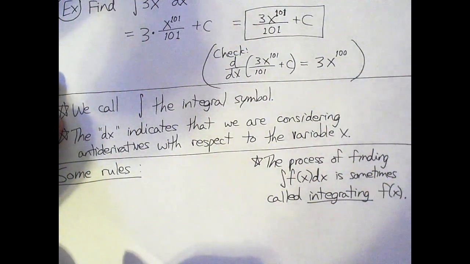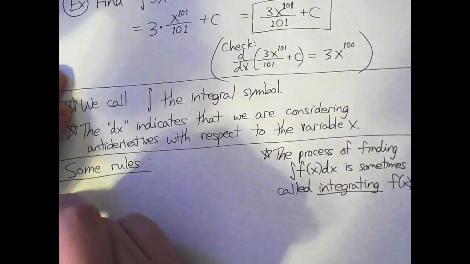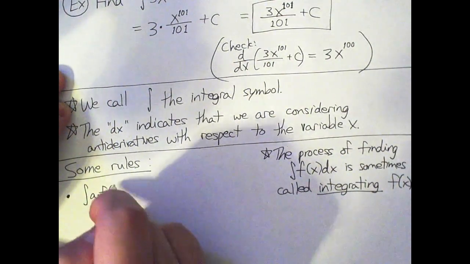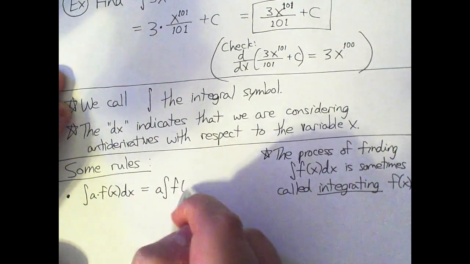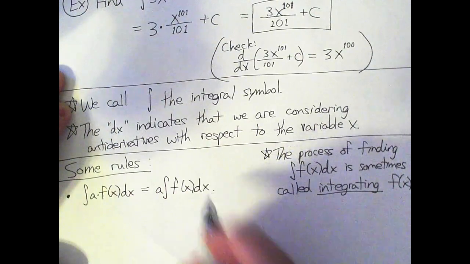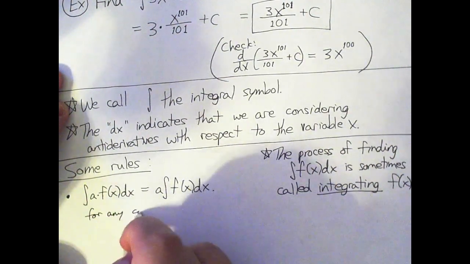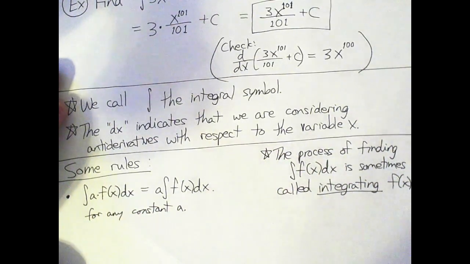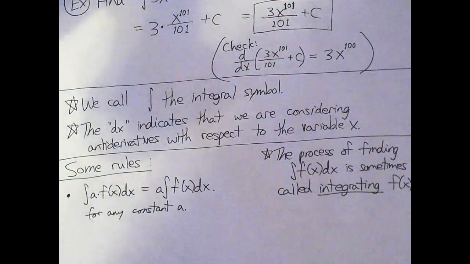These are going to be the antiderivative rules that we said earlier, but I'm going to write them with this new notation. So here's a rule. If you have a times f of x dx, you can pull the constant out of the integral symbol. That's for any constant a. And this is actually the same rule that we said earlier. I think earlier I wrote it out as a sentence with a bunch of words.